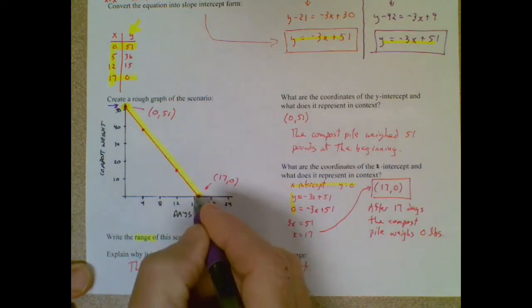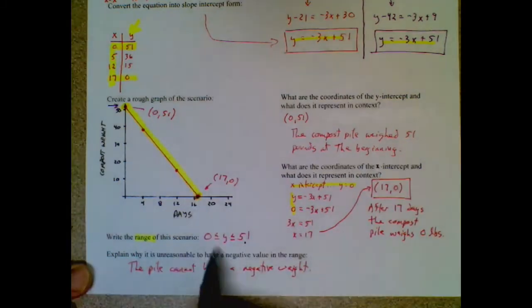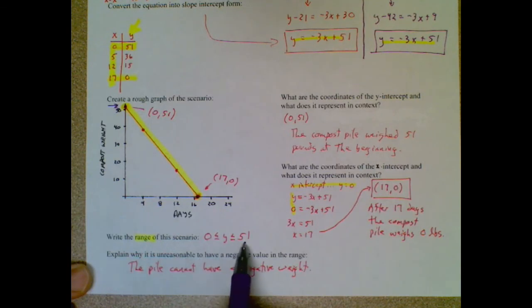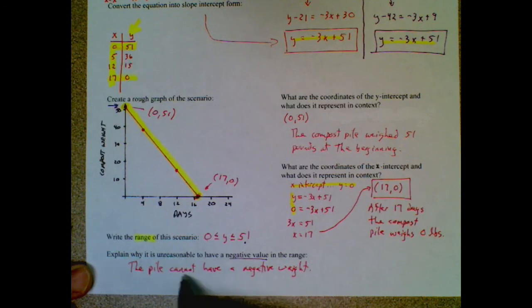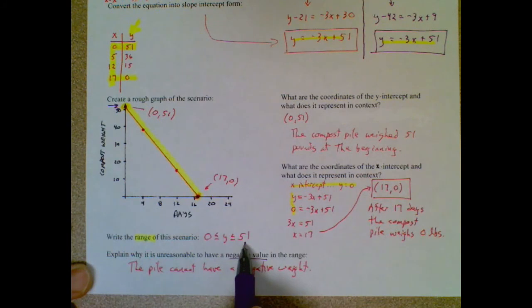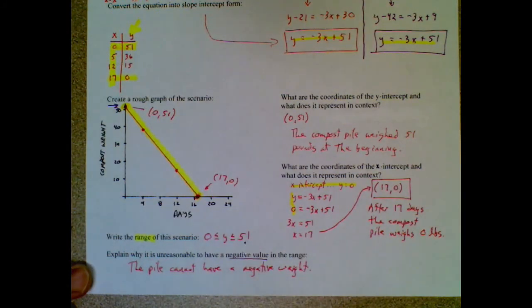The smallest y value I can ever get to is 0, which makes sense because a compost pile can't ever weigh less than 0. It can't weigh more than 51 because that was the beginning weight. So it's unreasonable to have a negative value in the range because the compost pile can't have a negative weight. It would be unreasonable to have a value of, say, 100 in the range because the pile started out at 51 pounds and was just losing weight after that.